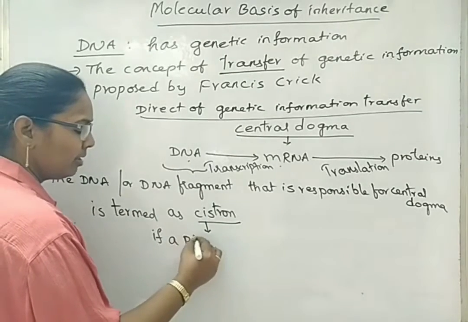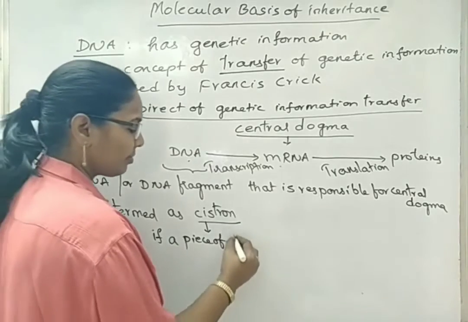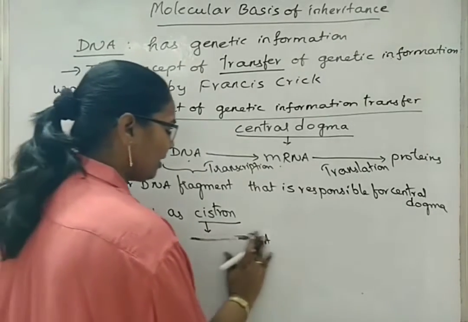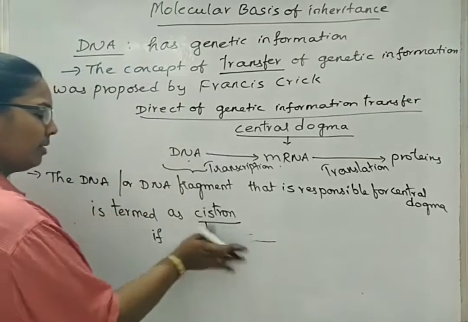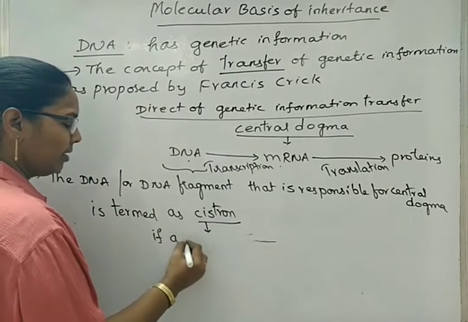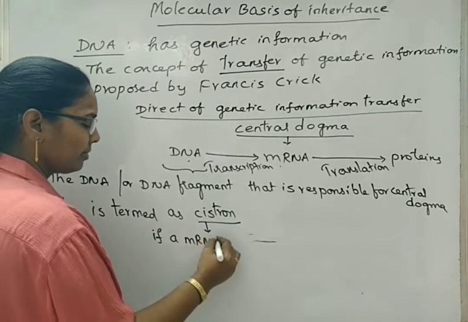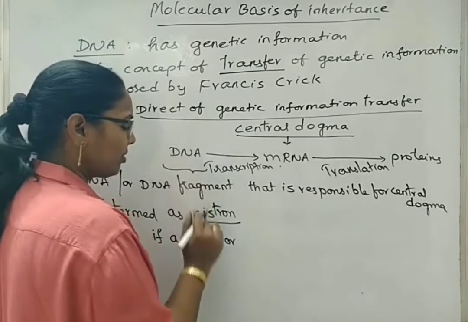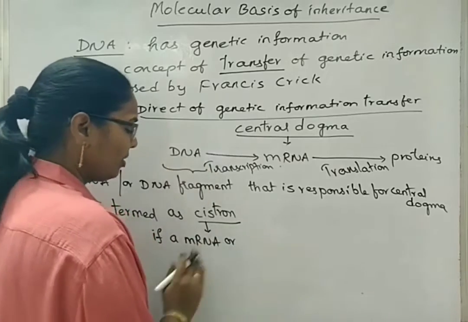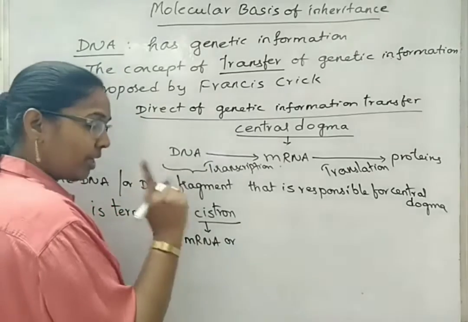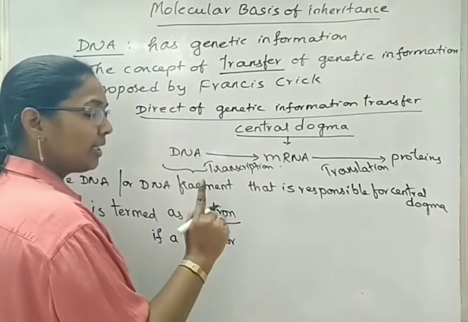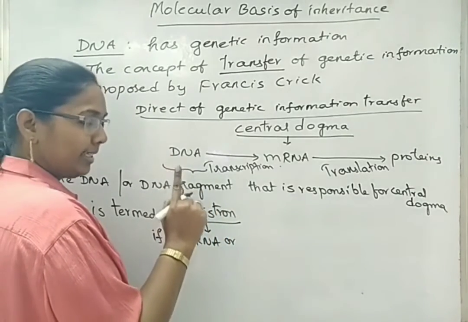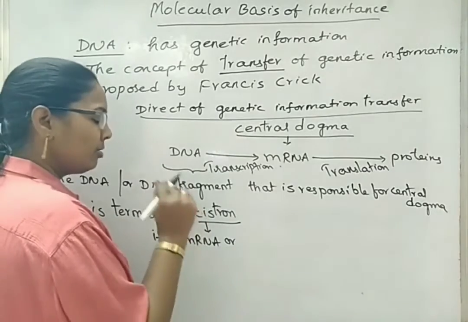If a piece of mRNA, or if an mRNA, because we can apply this term for both DNA and RNA, but if an mRNA with one promoter sequence and one terminator sequence codes for one type of polypeptide chain at a time, it is called monocistronic.